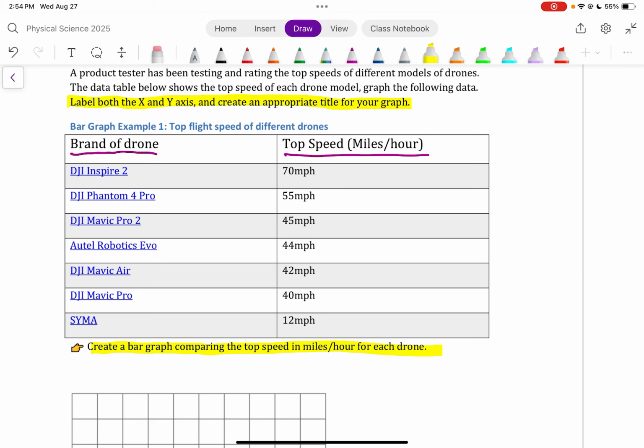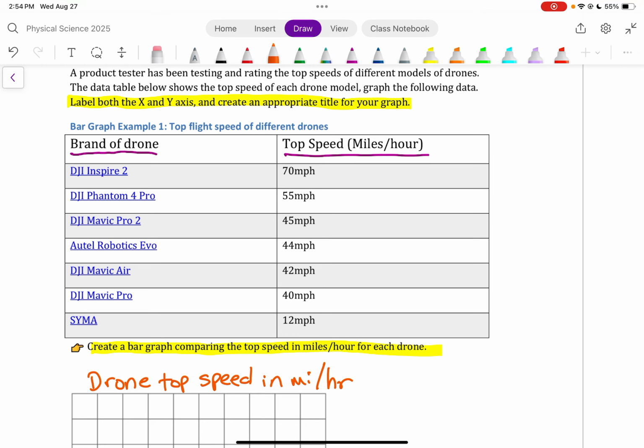So we are comparing the top speed flights for different drones. I'm just going to give it a title right away. I'm just calling it drone top speed in miles per hour.